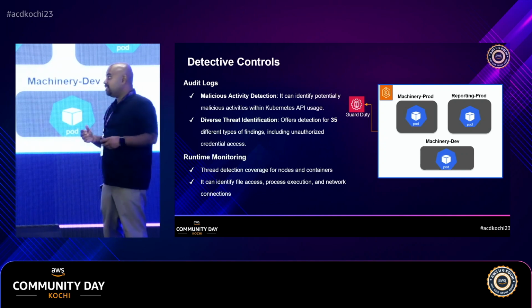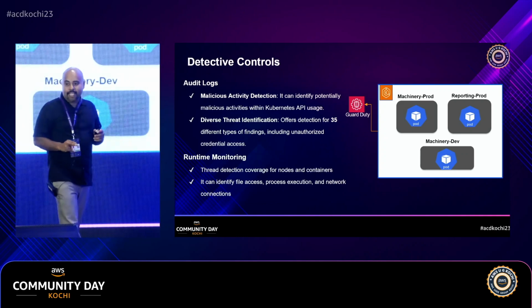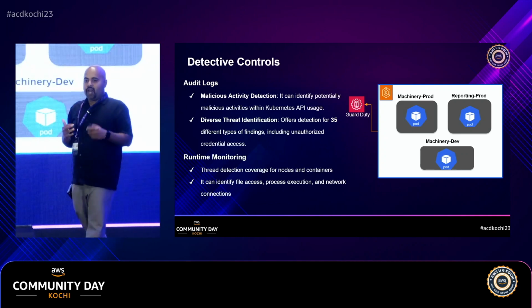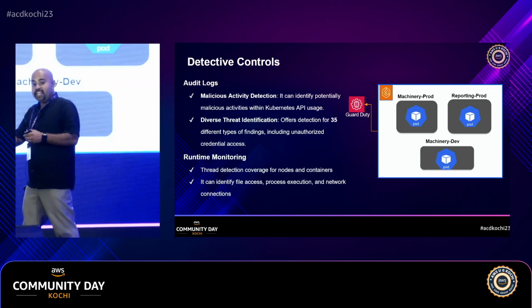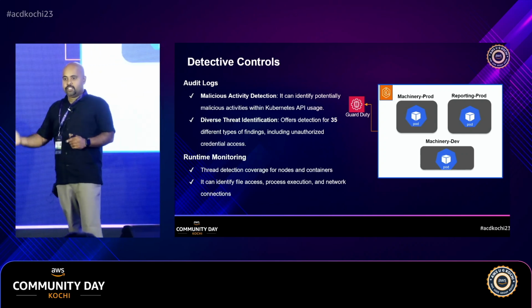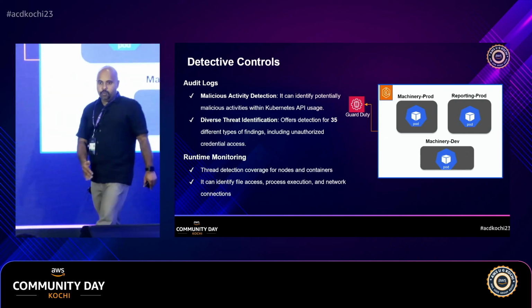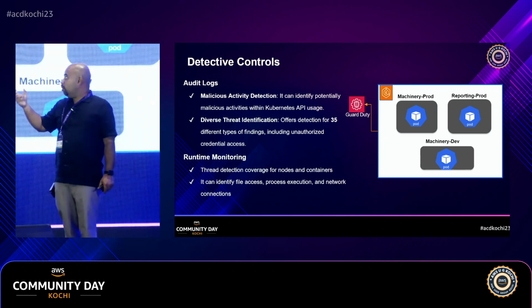It's a threat intelligence service from AWS that checks the logs, checks all your actions, and can predict if there is an anomaly based on where the action is, the sequence of actions, the sequence of APIs being executed. Now, GuardDuty got extended capability by looking through the logs of EKS.